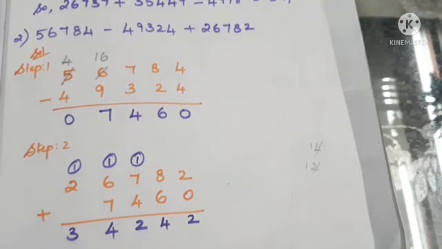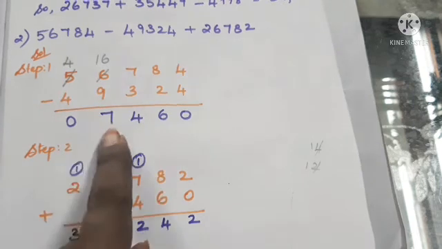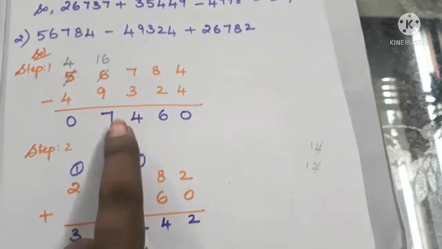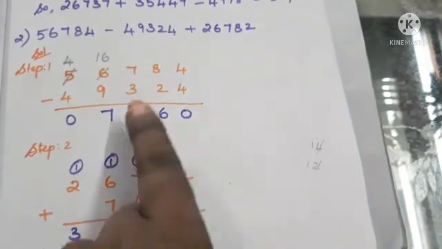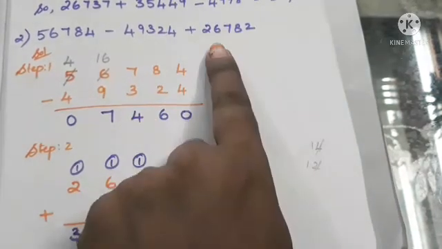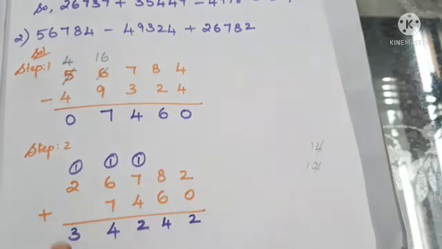Now what's the answer? From step 1 we got 7,460, so we add with this number. Adding the step 1 answer with the second operation, that is the plus operation, we got 34,242.